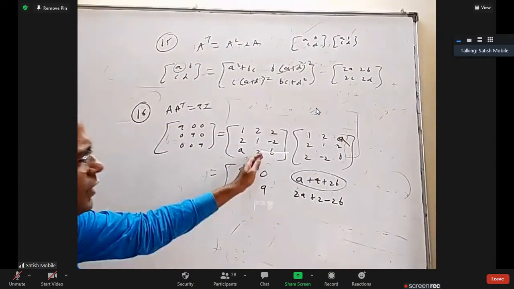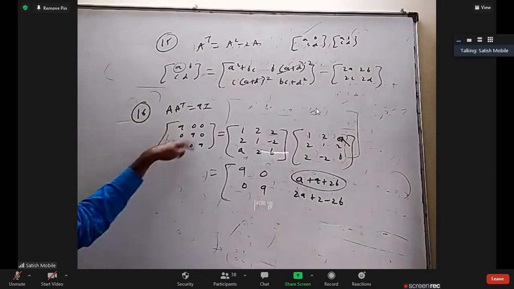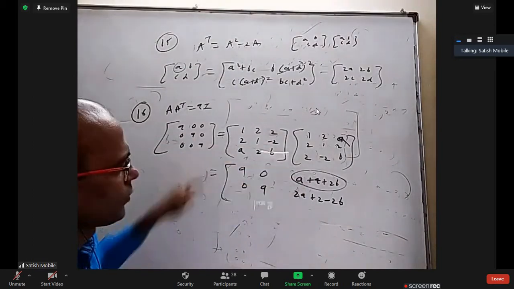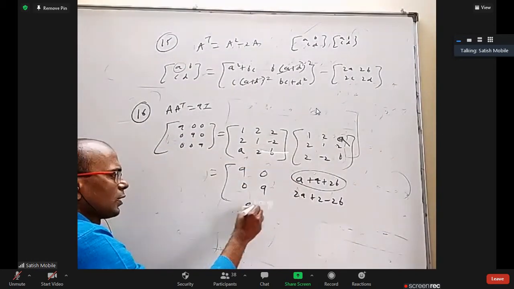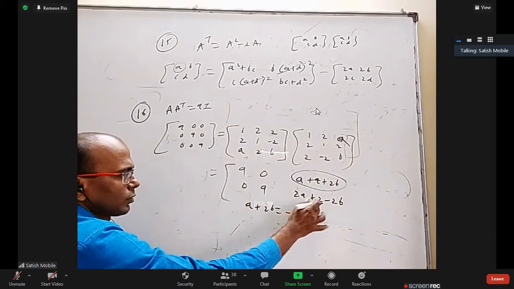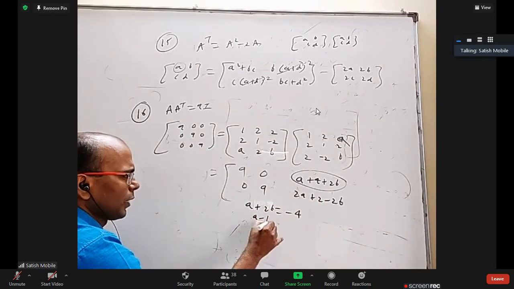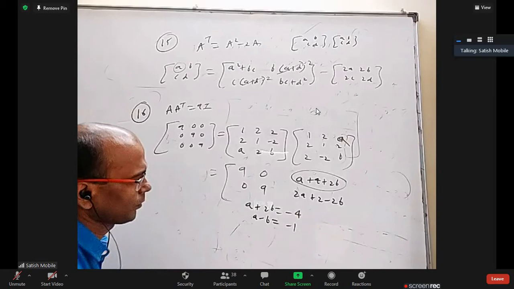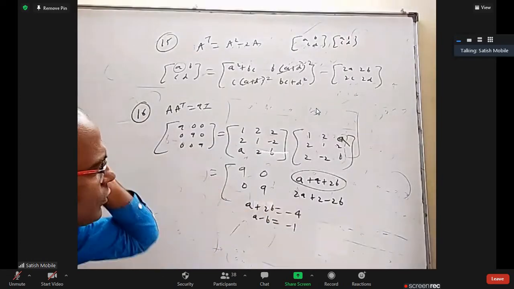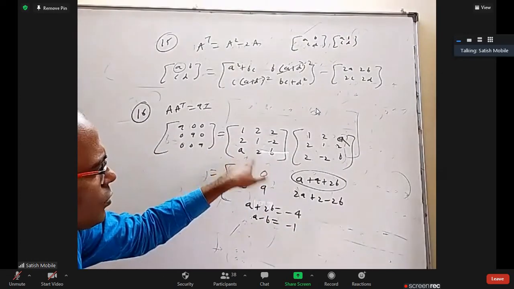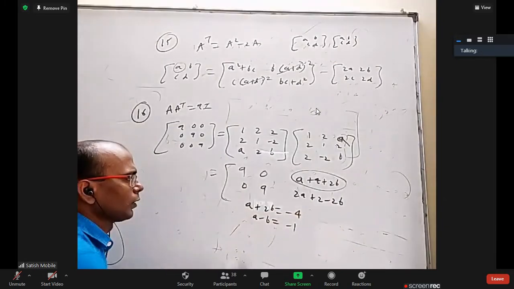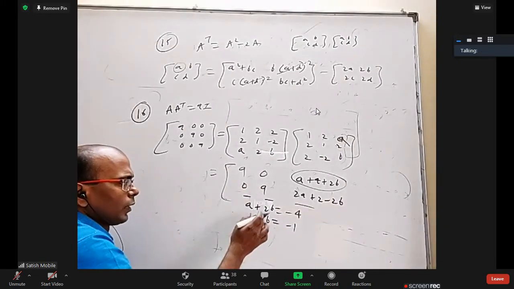So simply find A into A transpose. Quite a few elements will match. Other elements you try to equate, you will get an equation. So from this I'll get a plus 2b equal to minus 4. From this I'll get a minus b is equal to minus 1, because I can send 2 that side and divide by 2.